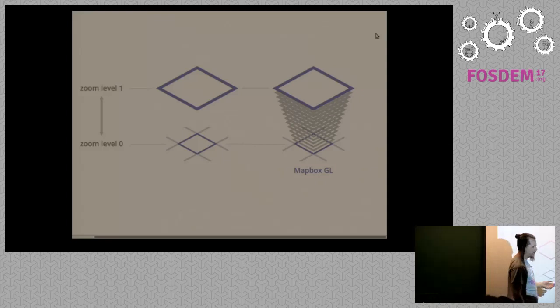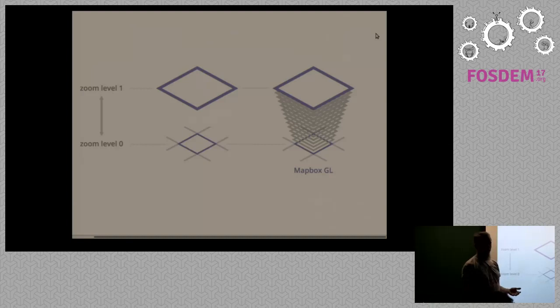The nice thing about vector tiles is that if you do the same thing with vector, it works exactly like an SVG. You can stretch it because it's pretty much saying, I have a line from this coordinate to this coordinate. So when you zoom in, you just stretch that. Obviously, what defines the resolution is the number of points you have along this line.